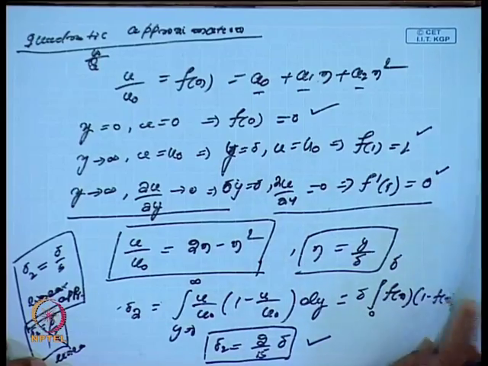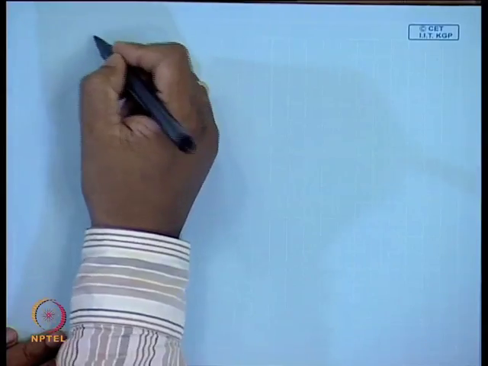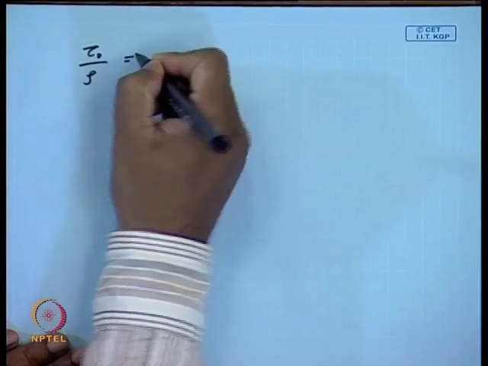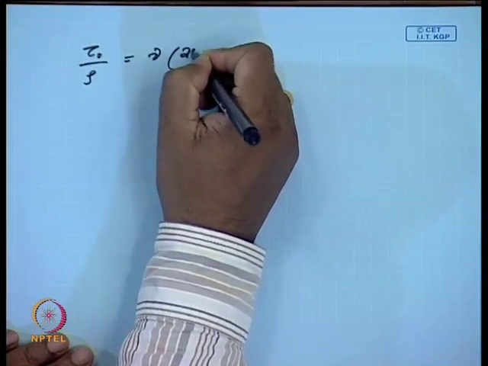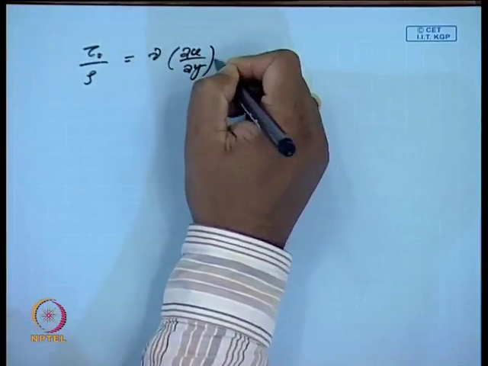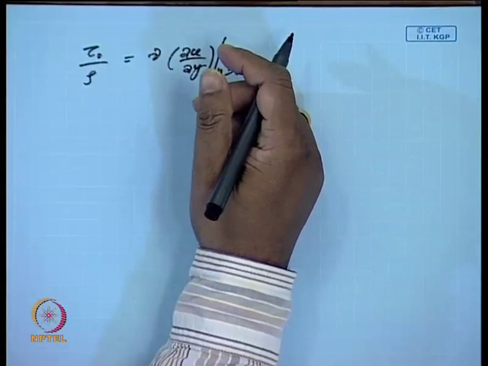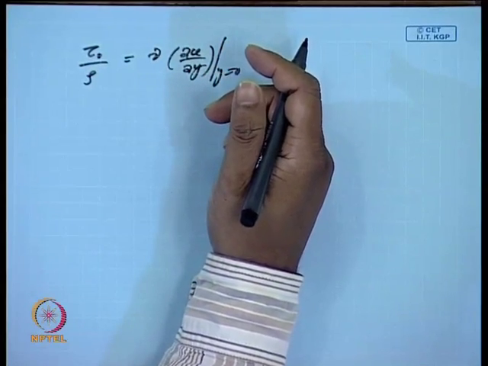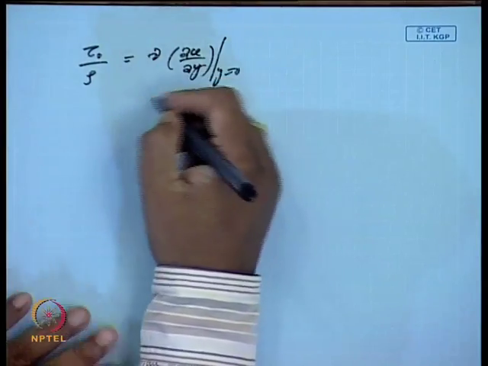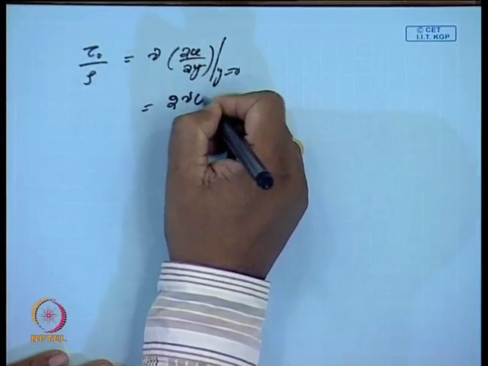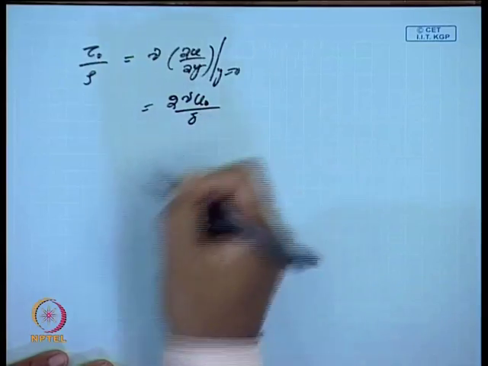In a similar manner, I can find out what happens to tau naught by rho, that will be nu del u by del y at y equal to 0, and if you calculate it, that will give me 2 nu u naught by delta.